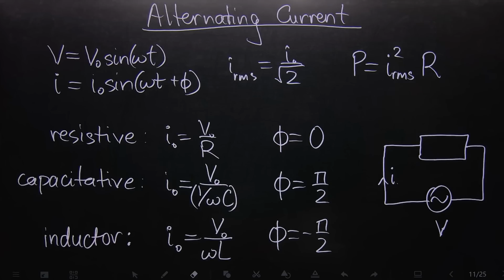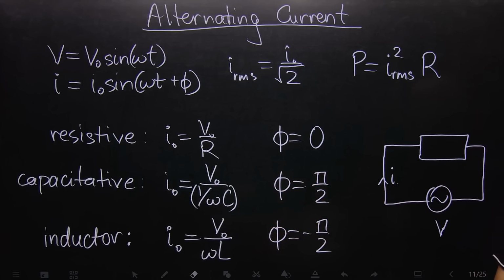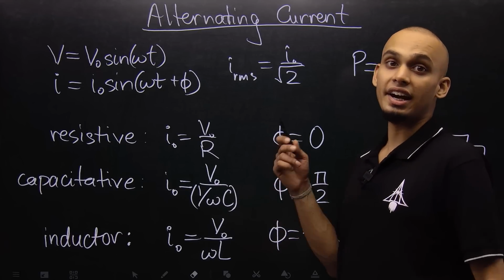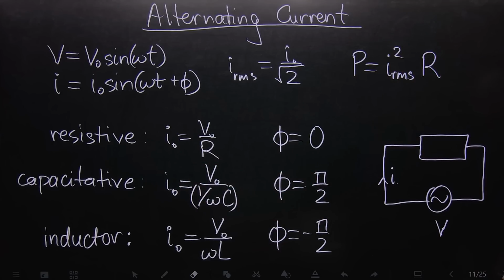And the term that works like resistance in all of these is known as the reactance for each component, and that we can assume as the equivalent resistance to alternating current that all of these components provide.